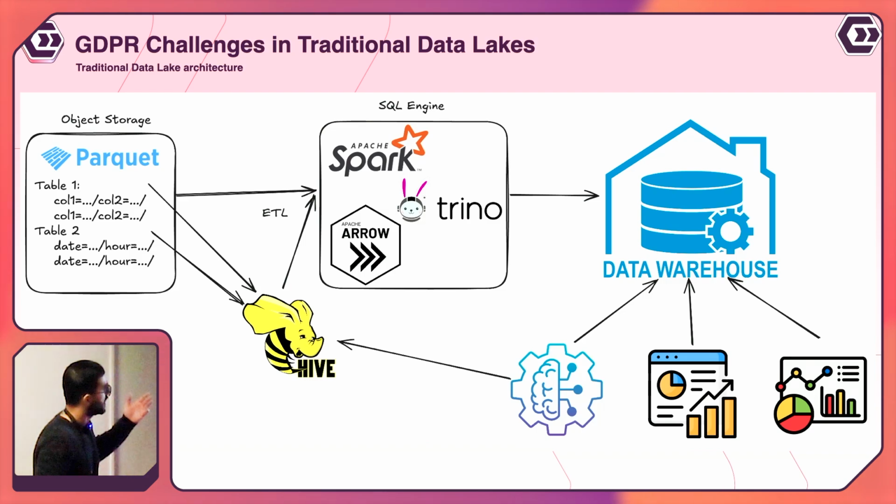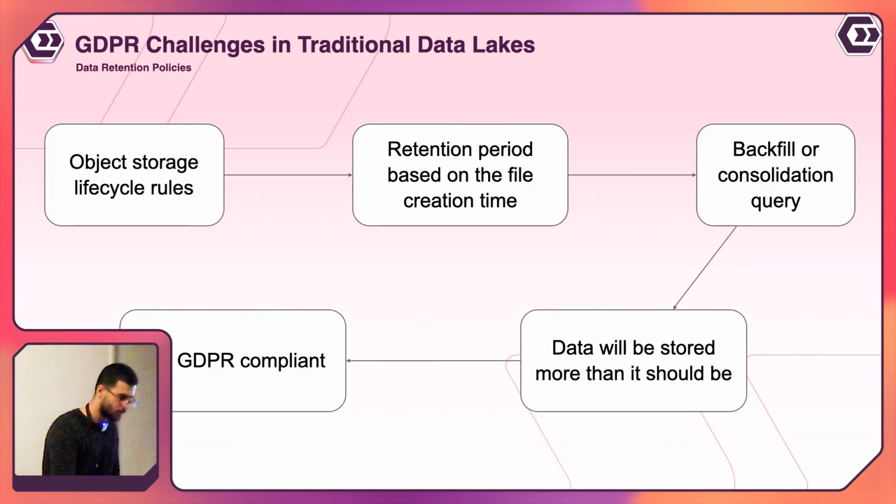It often relies on a Hive-like metastore as a data catalog. Additionally, traditional data lakes use an SQL engine for ETL pipelines. These pipelines transform and aggregate the data, which is then stored in a data warehouse for dashboarding, analytics, and machine learning.